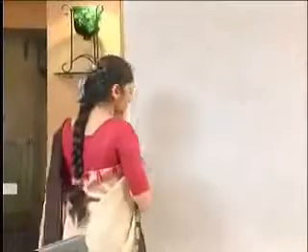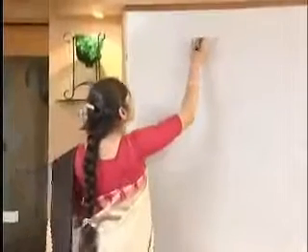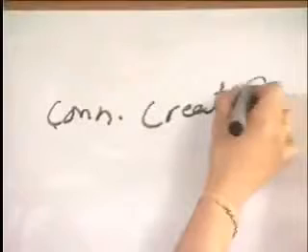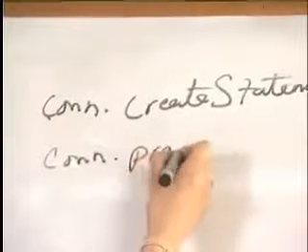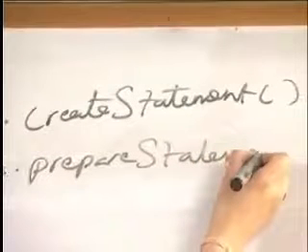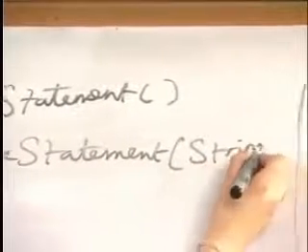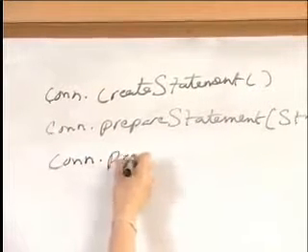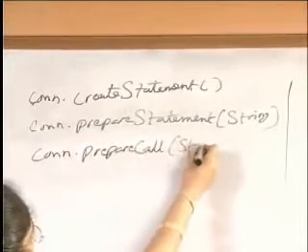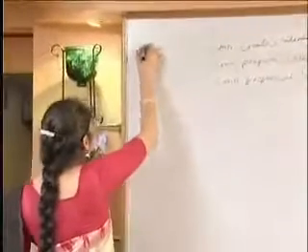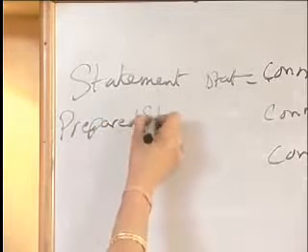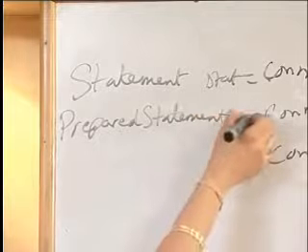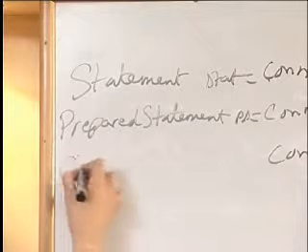To create a statement, you have three methods in the Connection interface called createStatement, prepareStatement, and prepareCall. createStatement returns a Statement type of object. prepareStatement returns a PreparedStatement object. prepareCall returns a CallableStatement object.